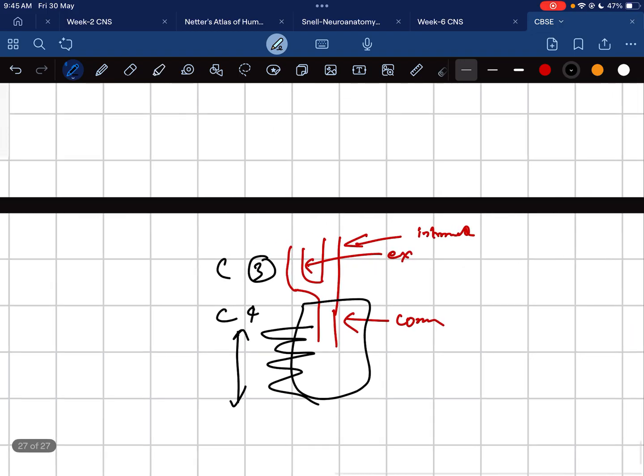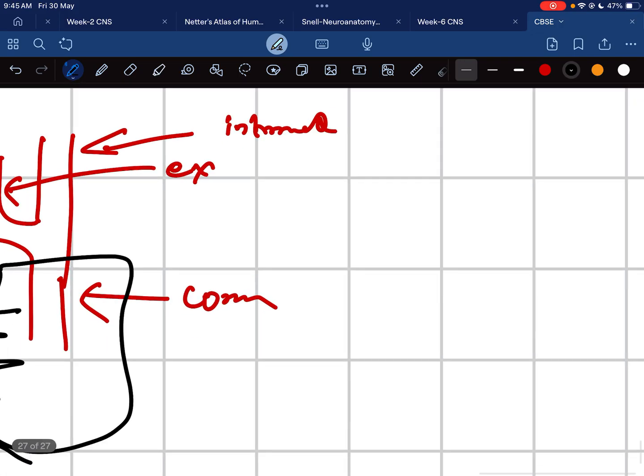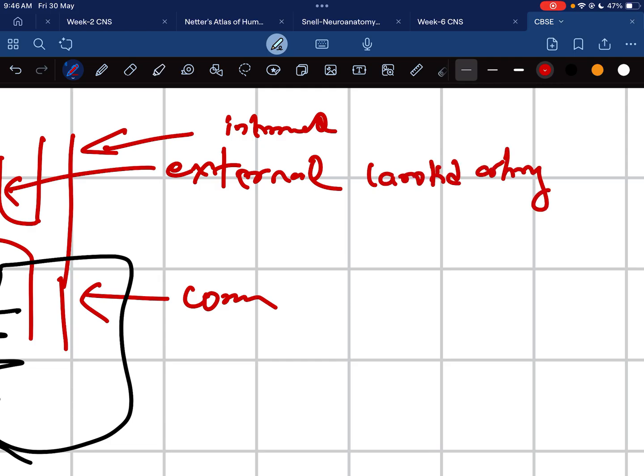Now we are moving on to the external carotid artery.